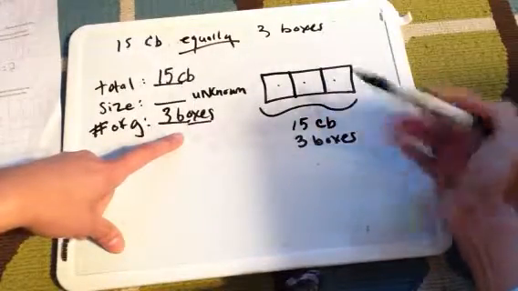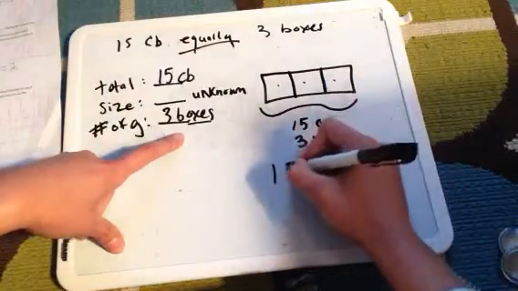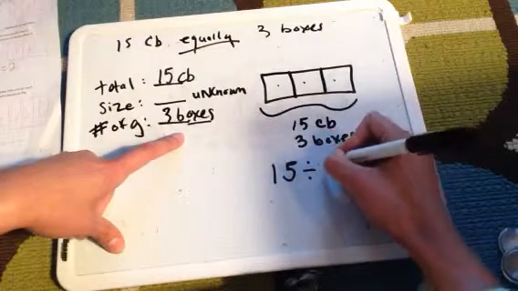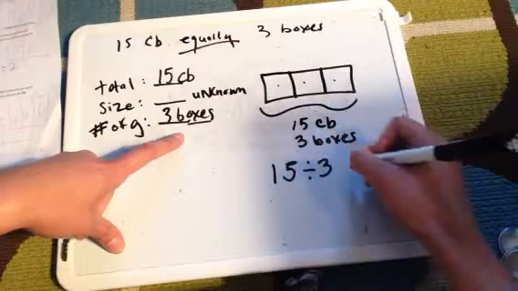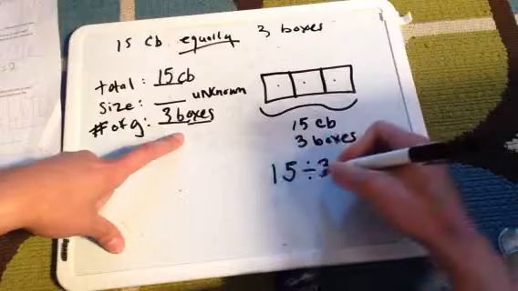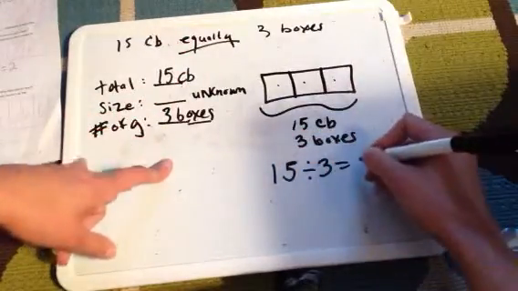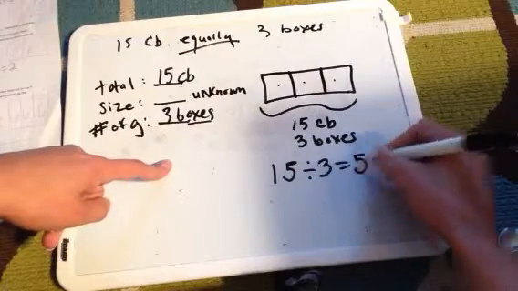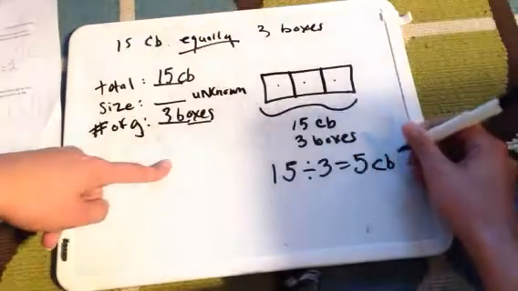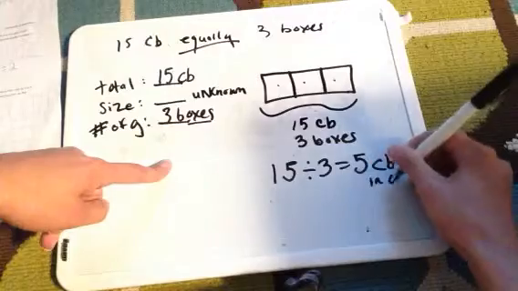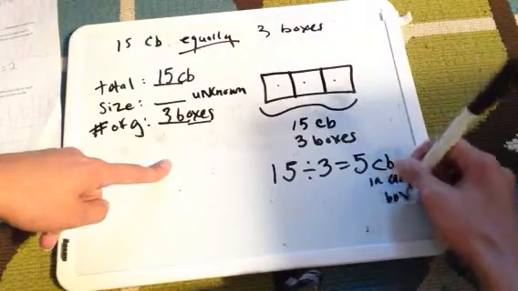So my question then is, how many clipboards are going to be in each of those boxes? Well, if you knew your division facts or multiplication facts, you would know that 15 clipboards divided and put equally into 3 boxes is going to give you 5 clipboards in each box.